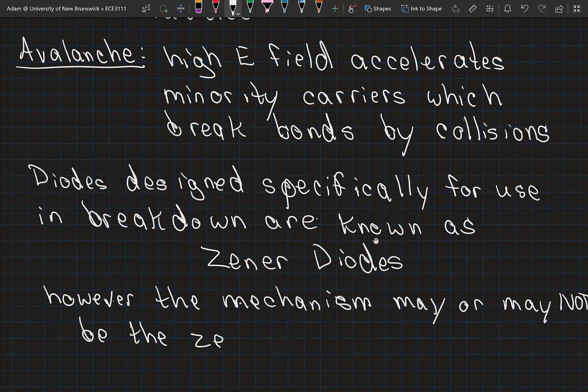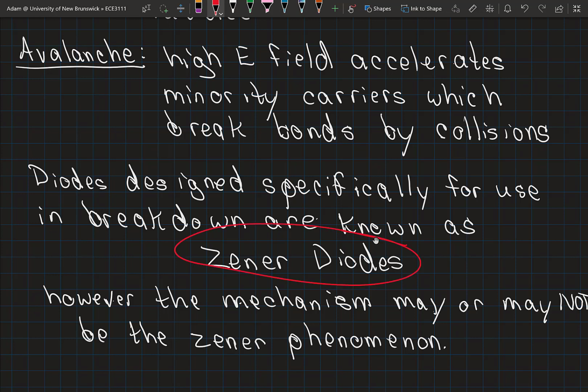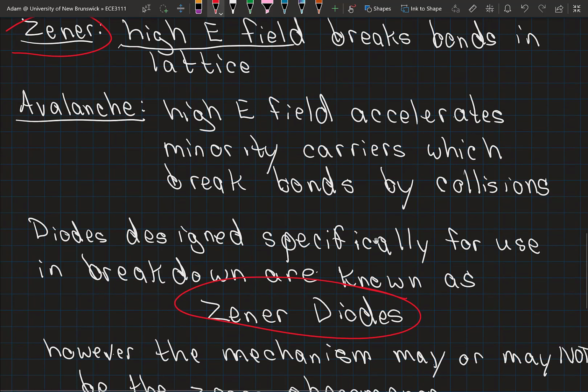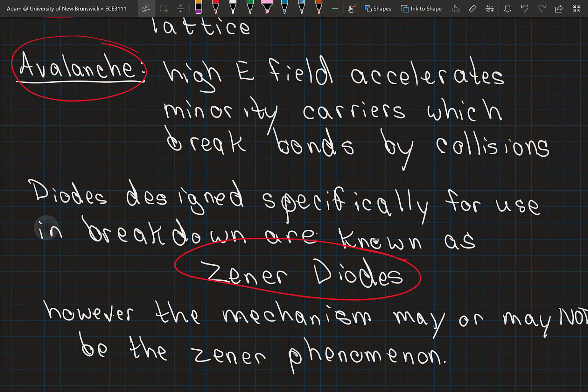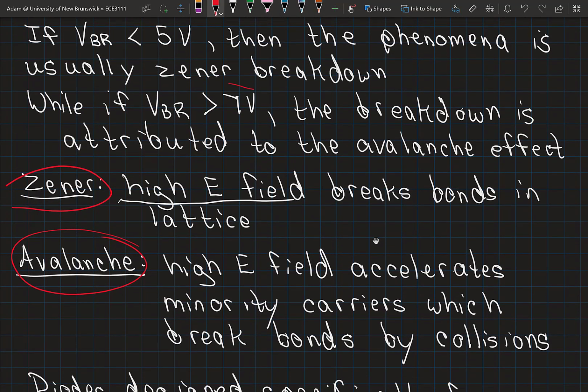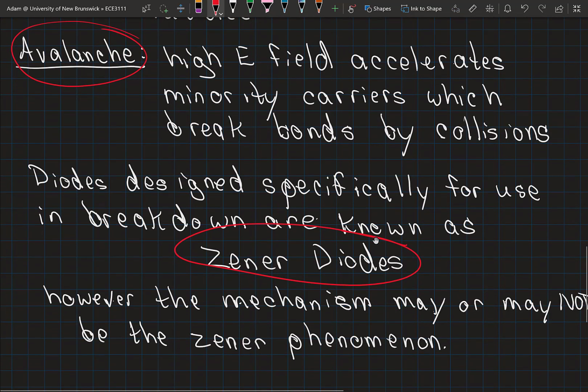So again, the name is generic for all diodes that are meant to operate in reverse breakdown, but it doesn't necessarily mean that they are purely due to Zener breakdown. They may in fact be avalanche, and a telltale sign is where that breakdown voltage is specified for a particular diode.